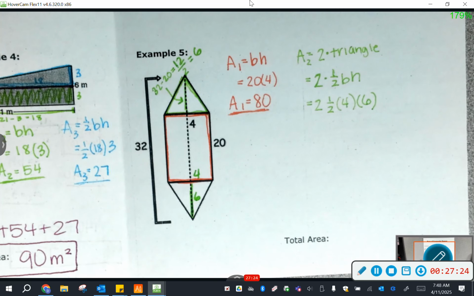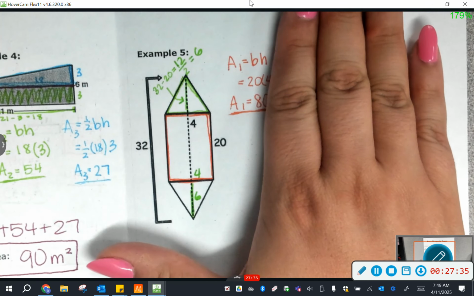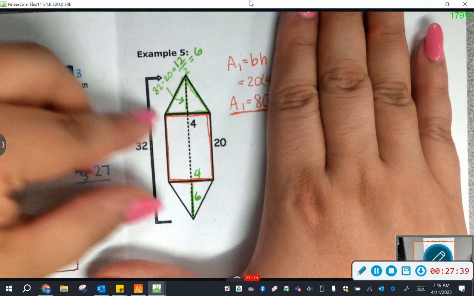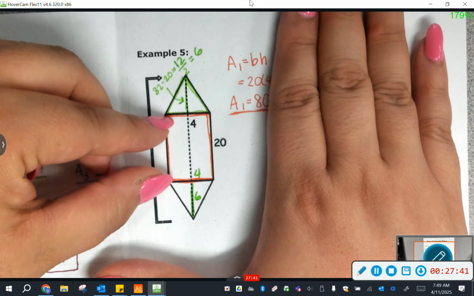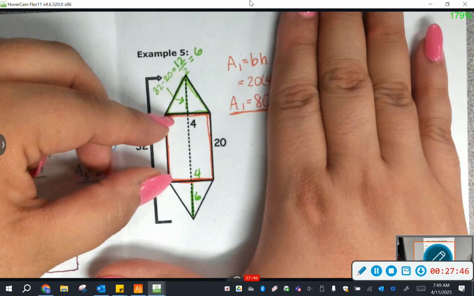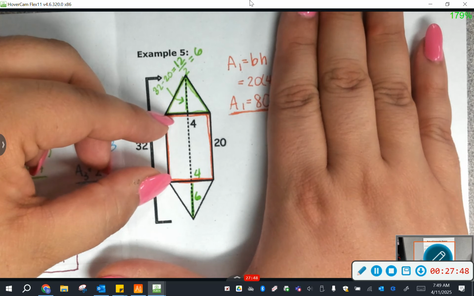I'm confused. Why are you doing everything by 2 when the triangles are the same? Because there are 2 of them. Do you agree there are 2 of them? Forget what I'm doing over here. Do you agree the whole thing is 32? And this part is 20. So when I subtract, how much is left from 32? 12.